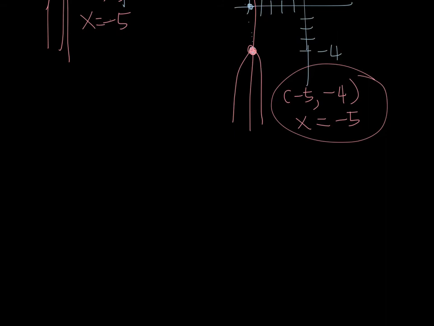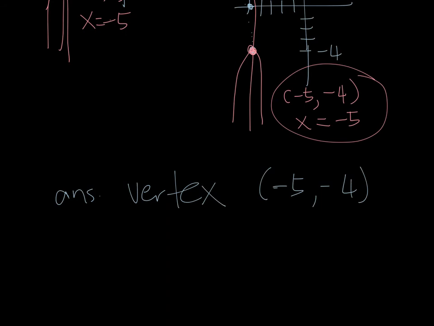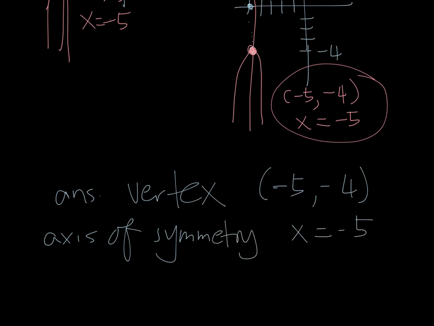So how are you supposed to write your answer? Well, you're going to say that the vertex is at negative 5, negative 4. And then the axis of symmetry is at x is equal to negative 5.